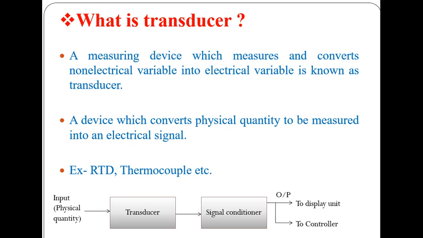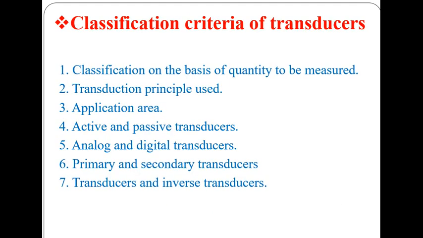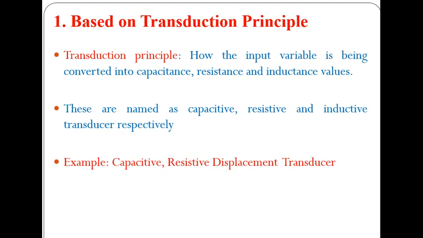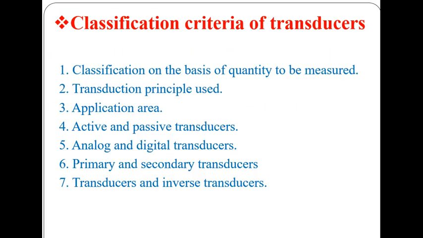After that we have seen the classification of transducers. There are different types of transducers based upon application area, based upon quantity to be measured, and based upon the converting principle used. So it may be active, passive, analog, digital, primary or secondary, transducer or inverse transducer, that we have discussed.